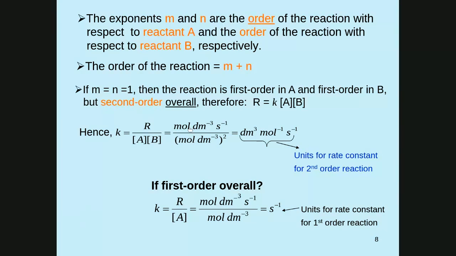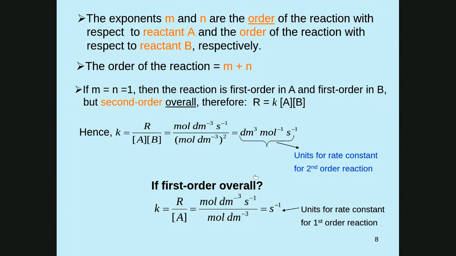So mole per liter second divided by mole per liter squared. So the square here cancels the mole per liter there. And if you invert the mole per liter that remains in the denominator, you get liter per mole. So liter per mole per second will be the unit of the rate constant for a second order reaction, as we are considering here.